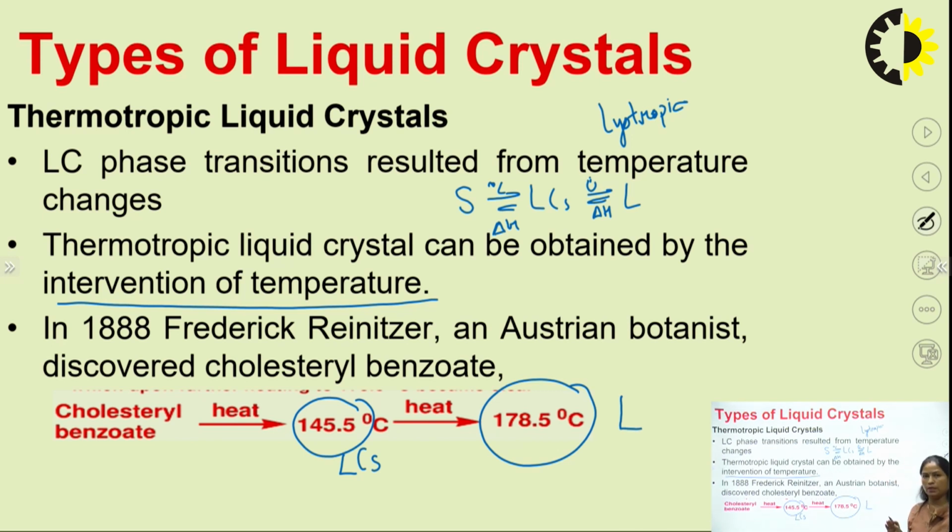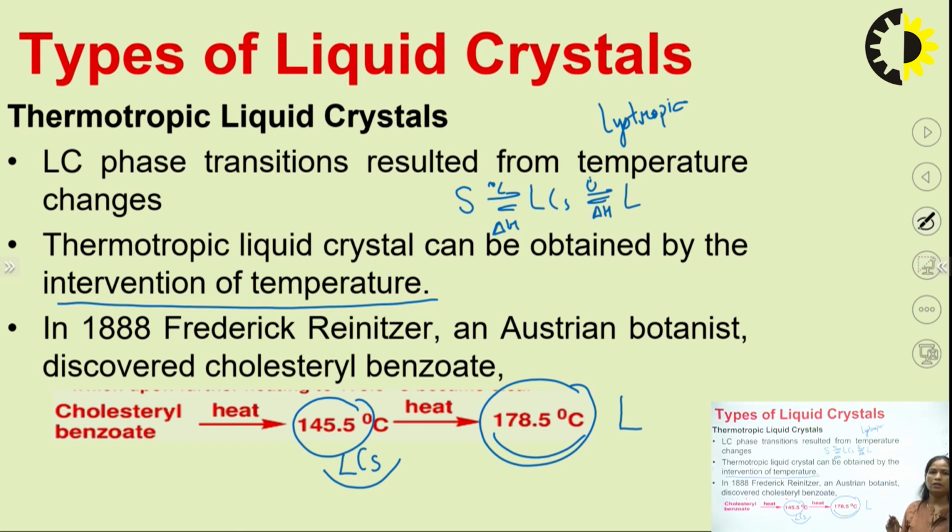So we can observe that cholesterol benzoate shows the formation of liquid crystal by the intervention of temperature. It first converts into liquid crystal, and at a higher temperature, it converts into liquid.